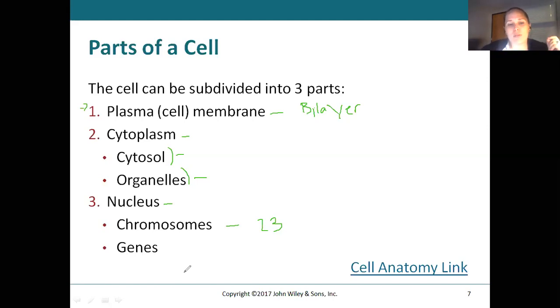Within those chromosomes, if we looked at a single chromosome, there would be specific genes, and genes are just small subsections of an entire chromosome that code for a protein. So each gene codes for a very specific protein.